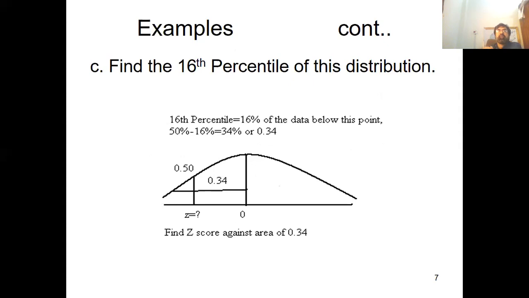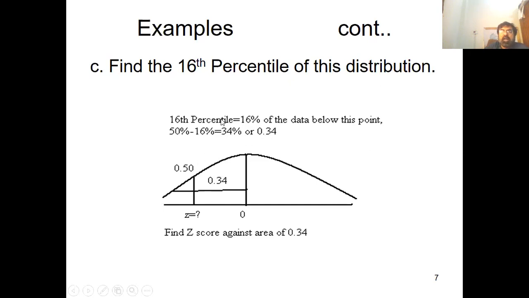Find the 16th percentile of this distribution. So what you have to do exactly is what I did in the previous slides. The 16th percentile is converted into a percentage, then it is divided by 100.